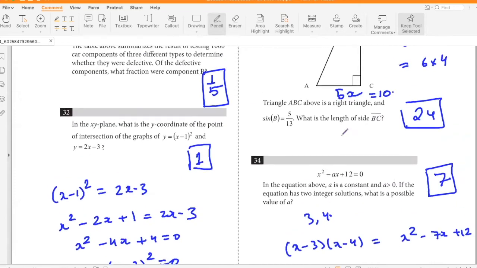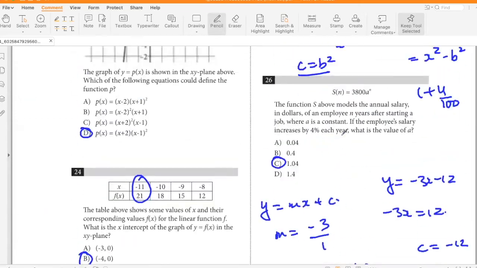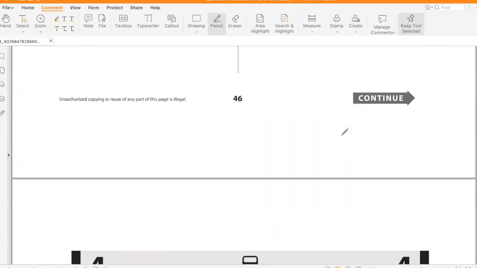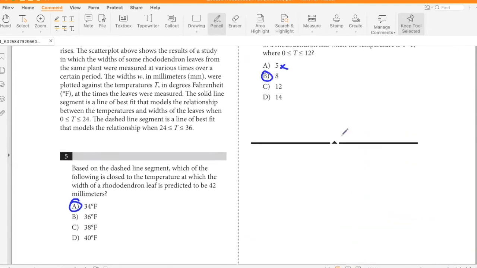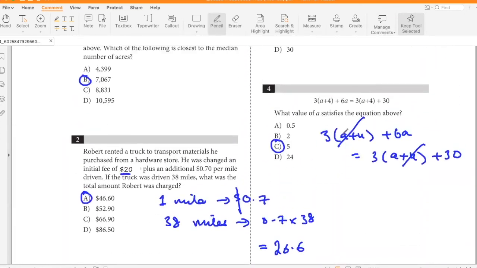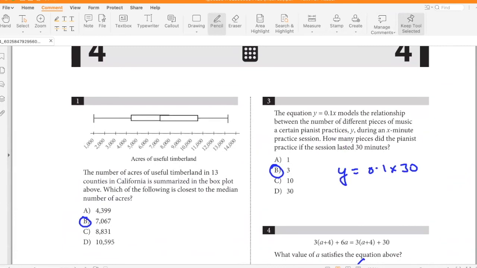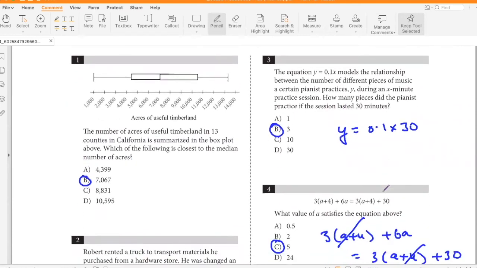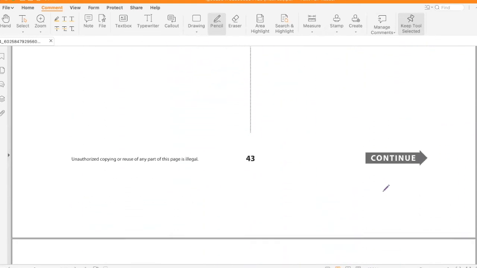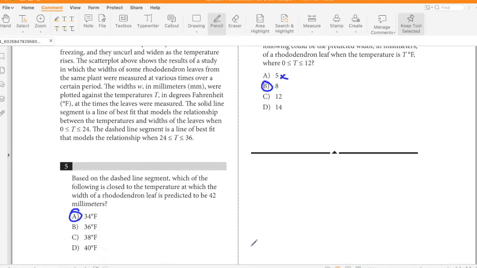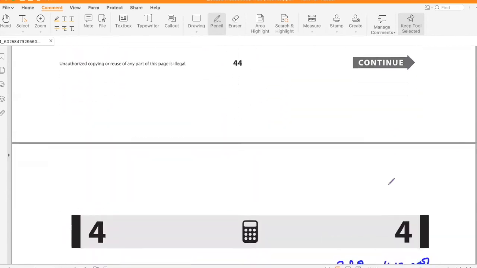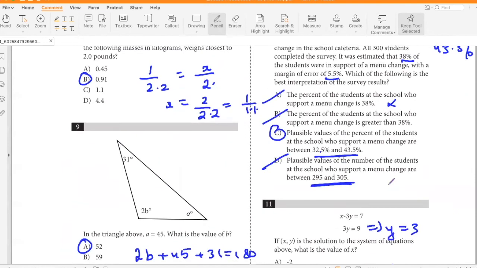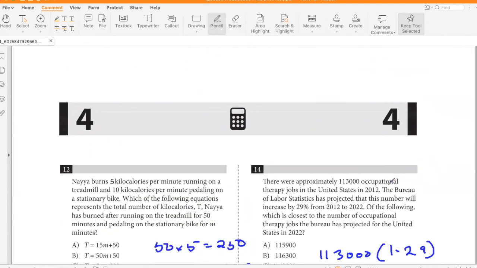Okay, let's grade this. Question 1. B A B C A. B B B A C C. Okay, 12.